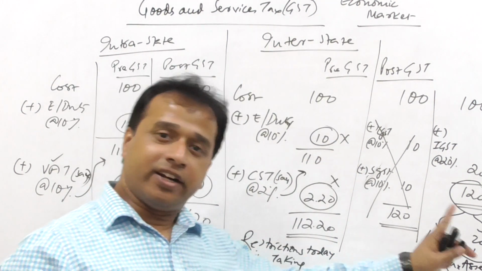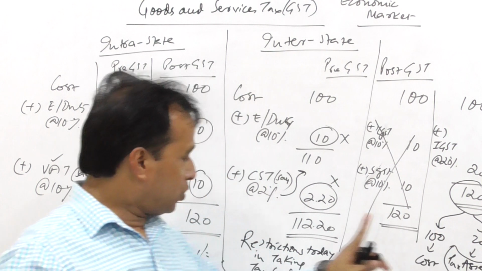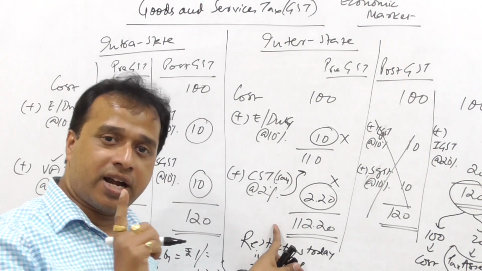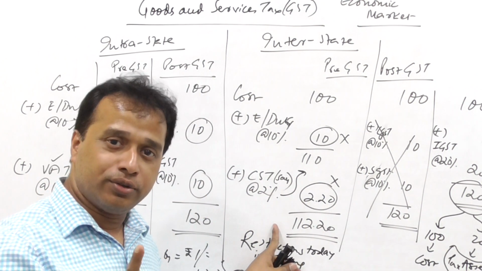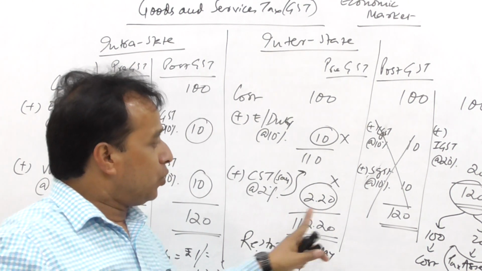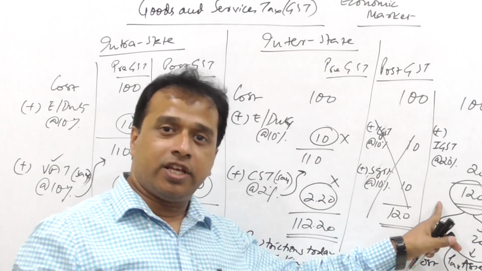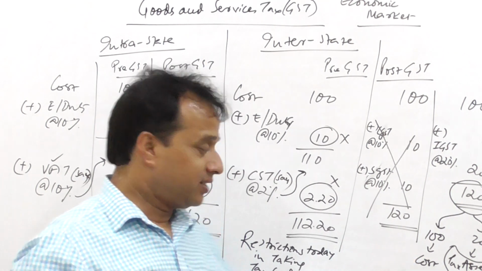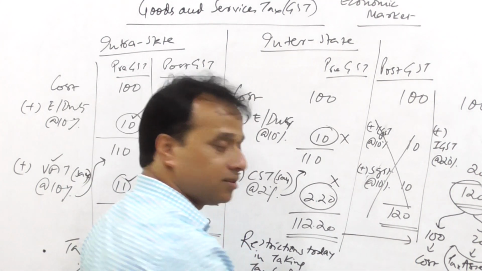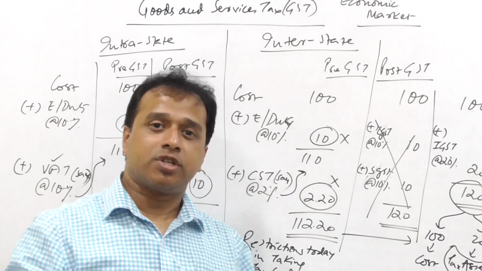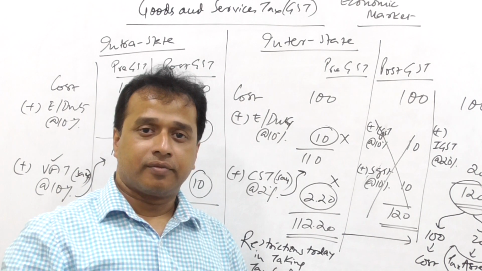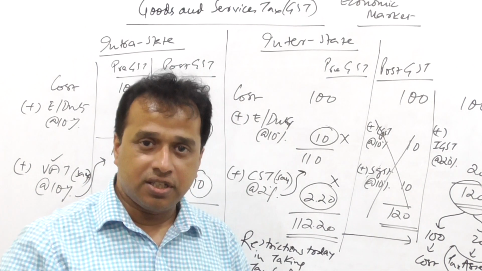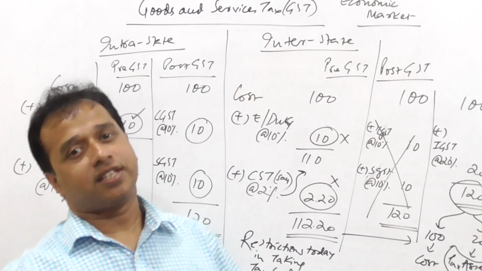He can take the credit tomorrow. So today his cost remains 112.20, but tomorrow, though he paid me 120, his cost remains at 100 rupees. What is the reduction? You calculate, 12%. Is GST favorable? The answer is yes.